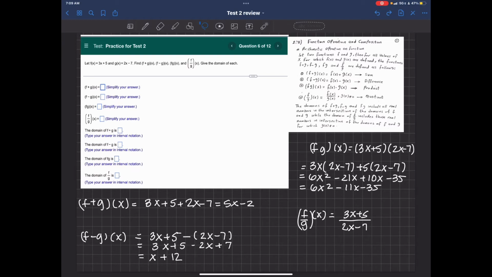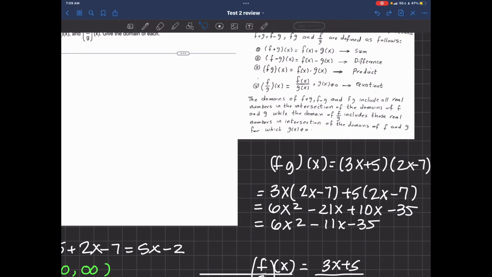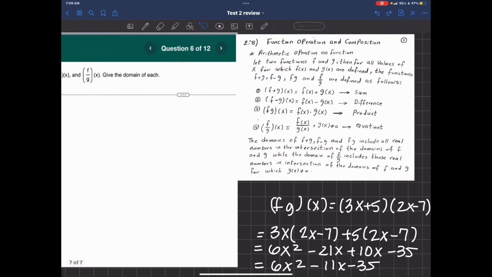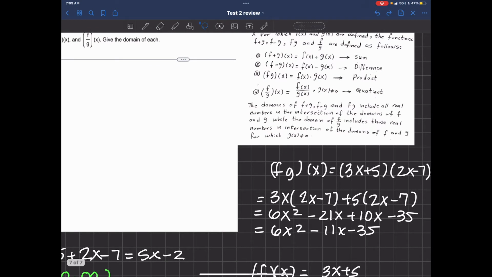Okay, so now that we've answered all that, let's talk about the domain. The domain for f plus g is going to be negative infinity, positive infinity, because it says so right here. It says the domains of these function operations when you're adding, subtracting, and multiplying include all real numbers.